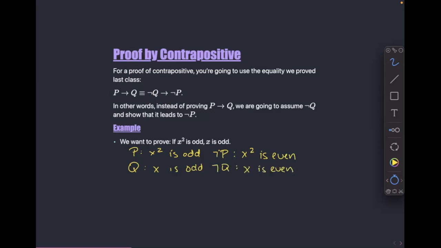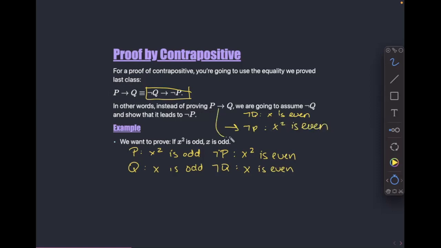And so now we want to be doing not Q implies not P. So we want to basically start with not Q and get to not P. So maybe I'll write these up here. Not Q, x is even, implies not P, which is x squared is even.